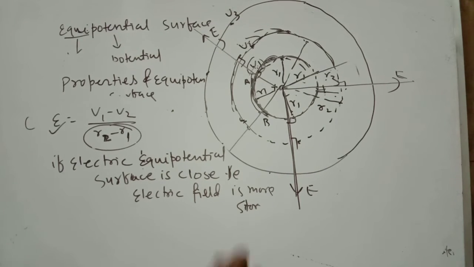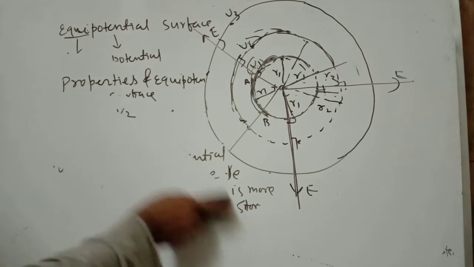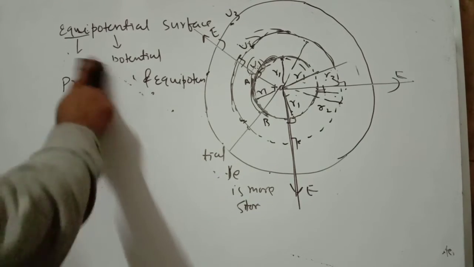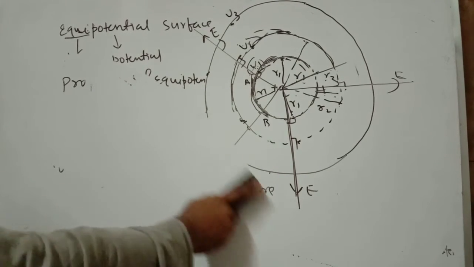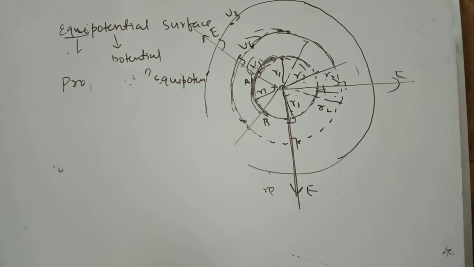So this is the third property of equipotential surface. And number 4: no two equipotential surfaces can intersect each other.